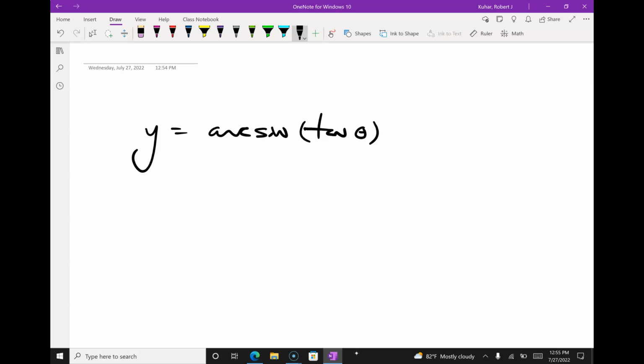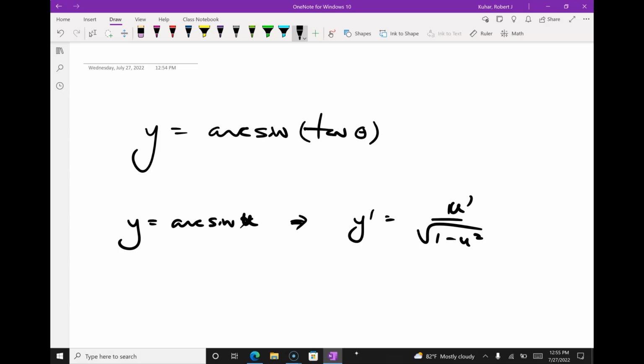Arcsine of the tangent of theta. It doesn't quite feel like I need a triangle here, but we'll see what happens because it's just an arcsine function. So I know y equals arcsine of x implies y prime is, sorry, arcsine of u is u prime over square root of 1 minus u squared, right? That's my shortcut I have memorized, so I think I can go right to that here.